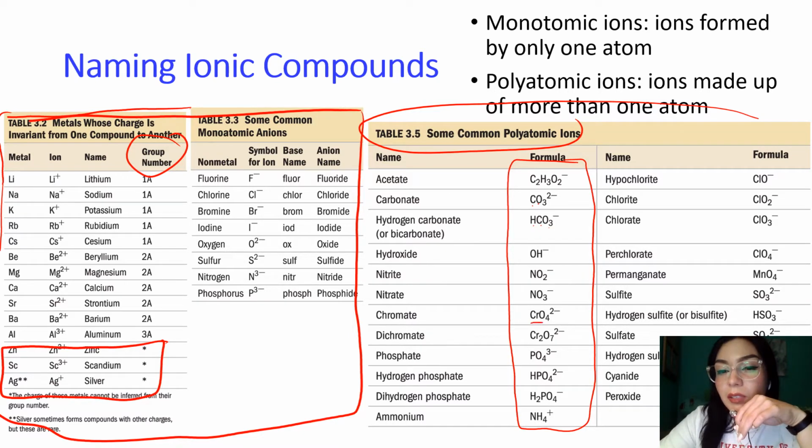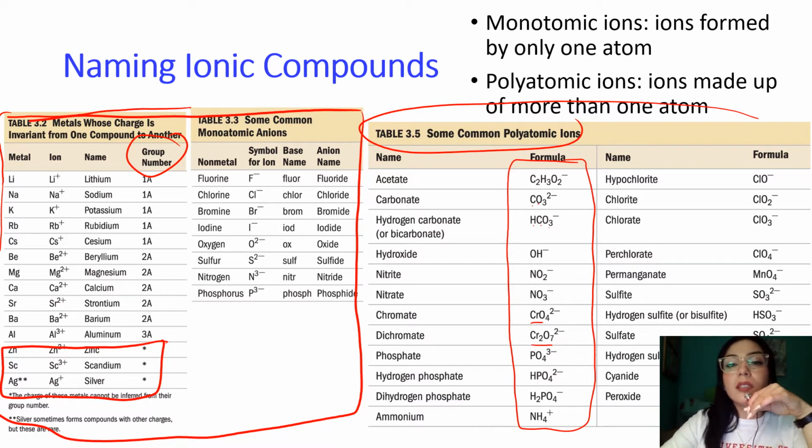There are some exceptions here, like chromium and oxygen, but for the most part, they're all nonmetals with nonmetals. And they have a charge on them. So it happens in nature where you can have a compound and it won't be neutral when it forms. Instead, it'll have a charge. Because it has a charge, it can bond with a metal in order to form an ionic compound.